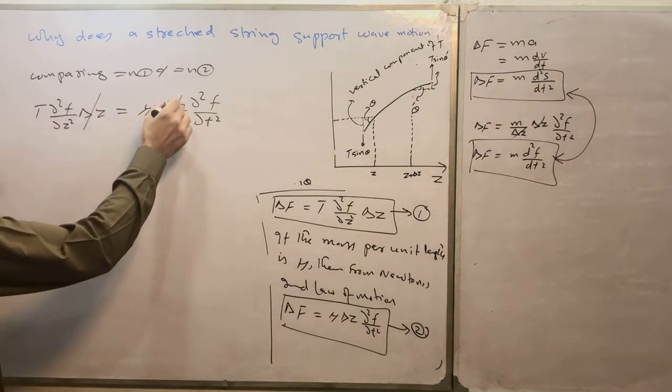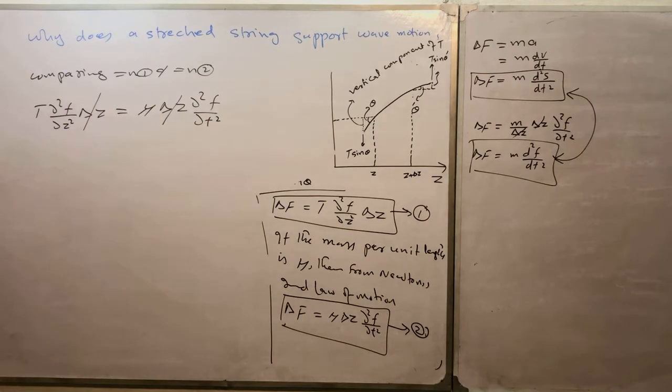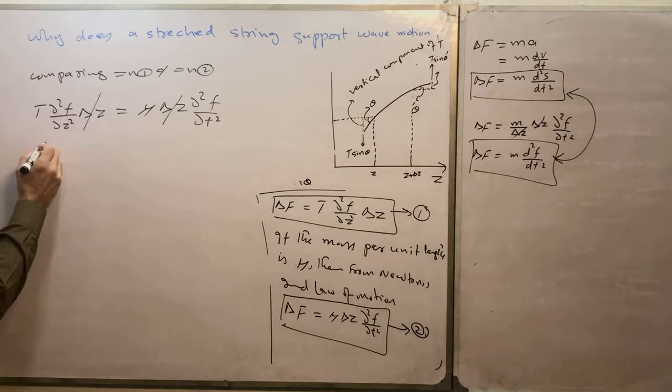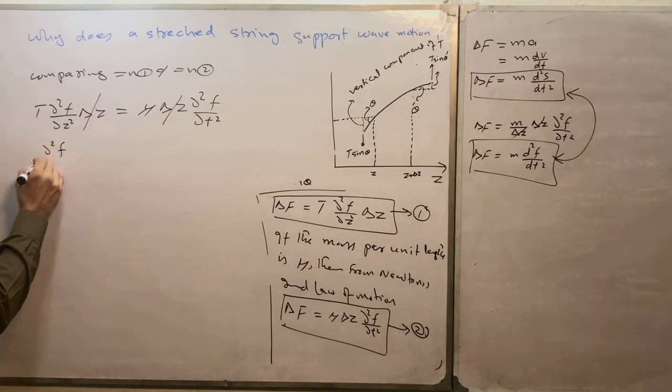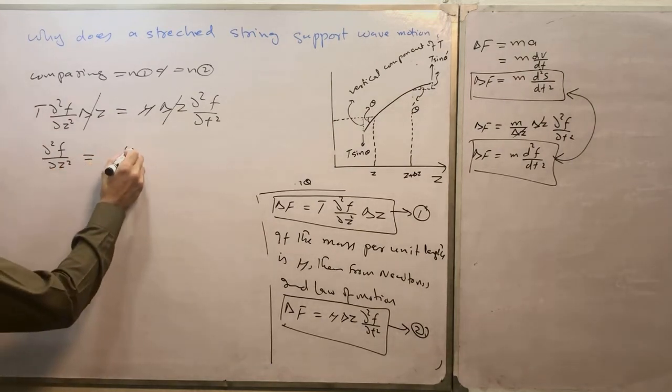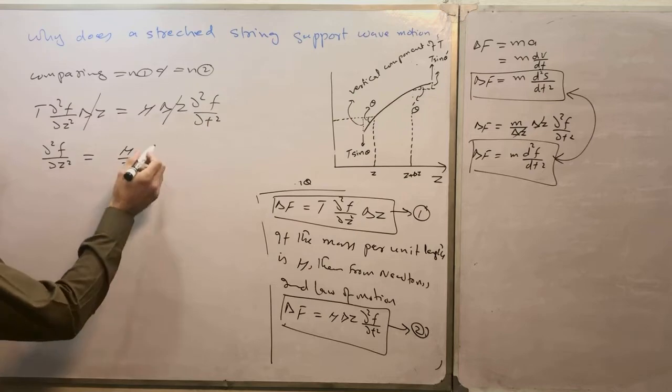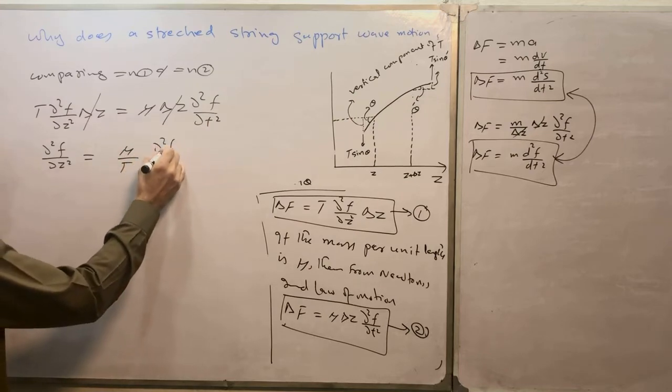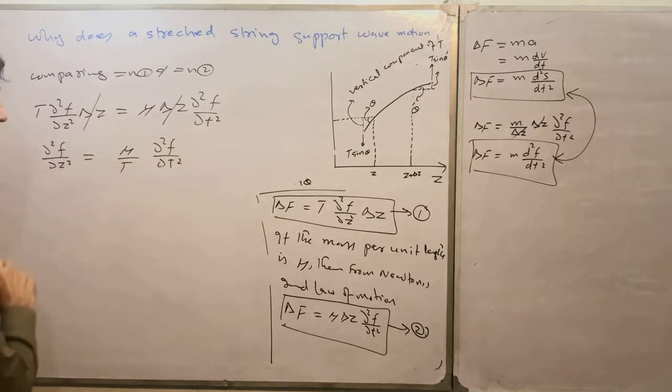This delta z will cancel, and then partial square f divided by partial z square is equal to mu divided by T, and partial square f divided by partial t square.